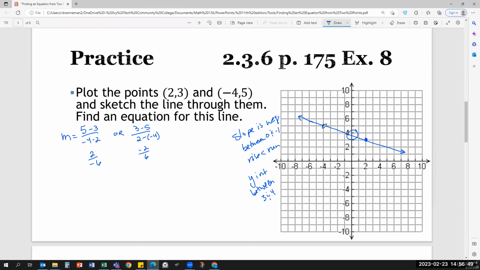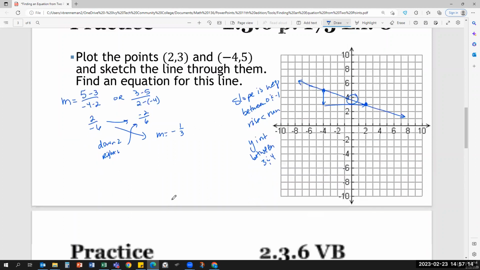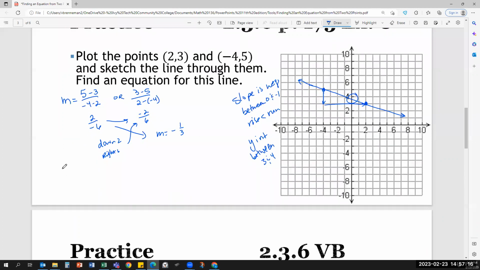And I can also look at the graph, since I've drawn that, and say, well, that's down 2, and then right 6 to get from the first point to the second point. So that would also give the -2 over 6. And either way, all of those give then the slope of -1/3.